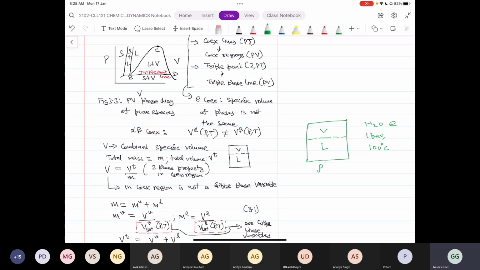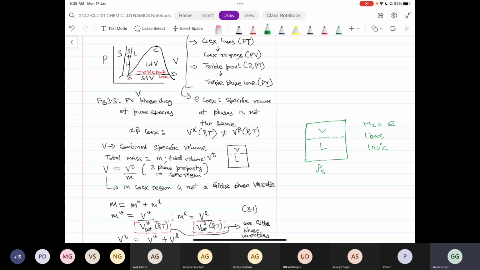I know by experience that the density of steam, which is nothing but H2O vapor, is not the same as the density of liquid water. So at coexistence, these two volumes will not be the same. The specific volume of the vapor will not be the same as the specific volume of the liquid.